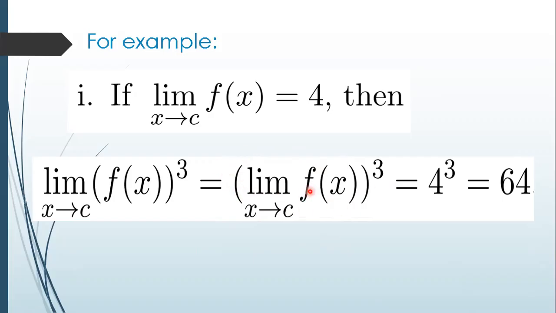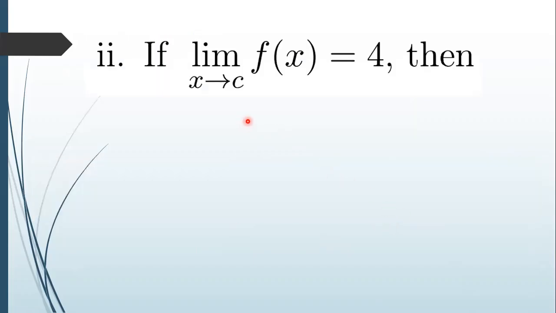So that's the limit of f of x as x approaches c raised to the power of 3 is just equal to 4 raised to 3 or 4 cubed, and that's equal to 64. You can double check it by 4 times 4, which is 16, times 4, that's 64.